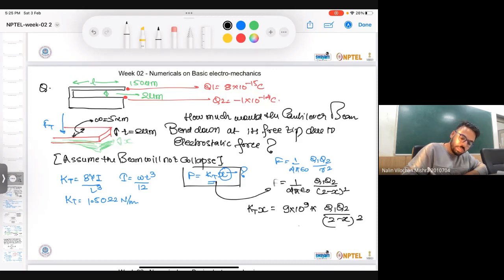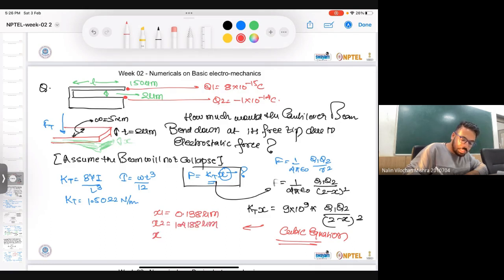After solving it, it will be a cubic equation, and after solving this cubic equation, we will have three solutions. x1 is 0.138 micrometer, x2 is 1.4188 micrometer, and x3 is 2.5 micrometer.